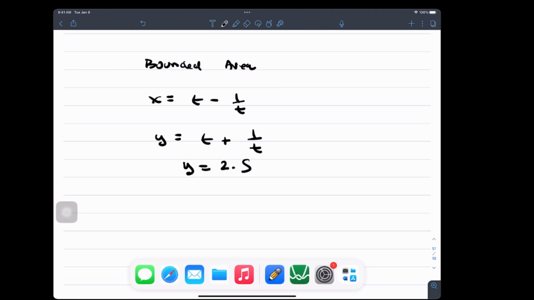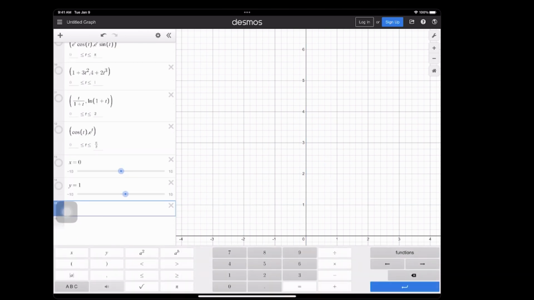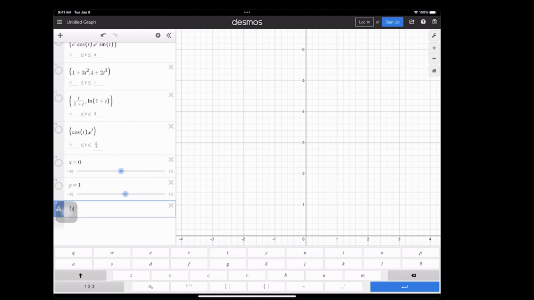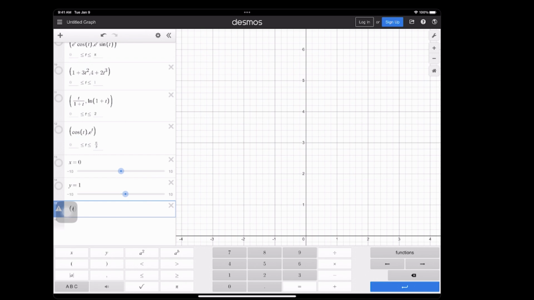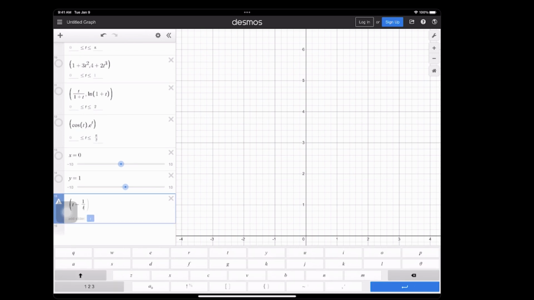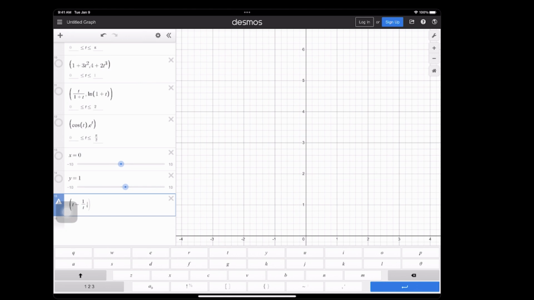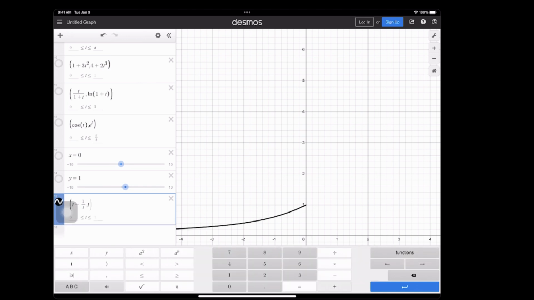Okay. So let's see if we can do some stuff in Desmos here. t minus 1 over t, comma, t plus 1 divided by t.